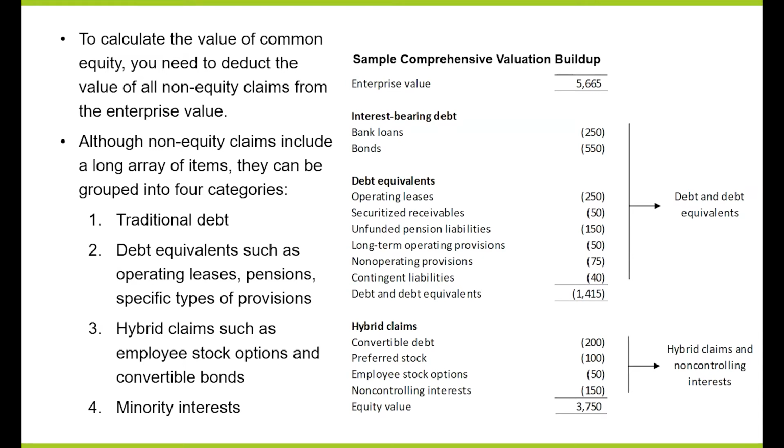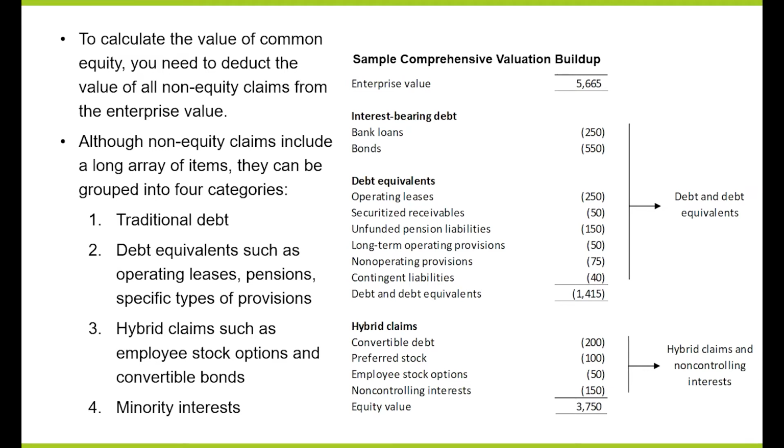And then there's hybrid claims. Again, we're not going to spend a lot of time going into detail here because I don't know what kind of level of investments everybody's taken, whether you have all taken derivatives or anything like that. But hybrid claims like convertible debt or preferred shares or employee stock options, which is part of compensation, any kind of non-controlling interest in the firm, which is somebody owning a stake in us.